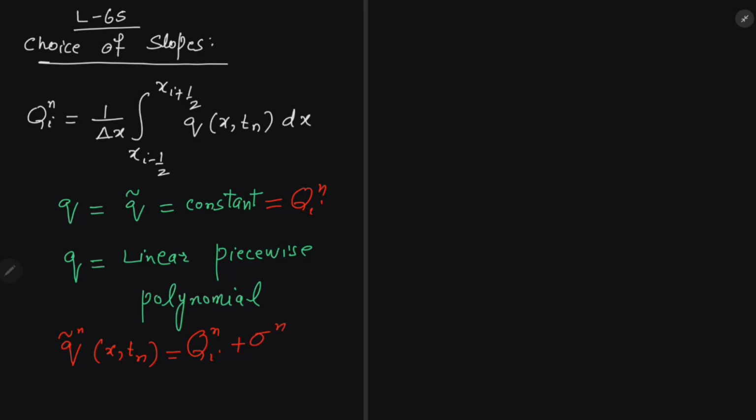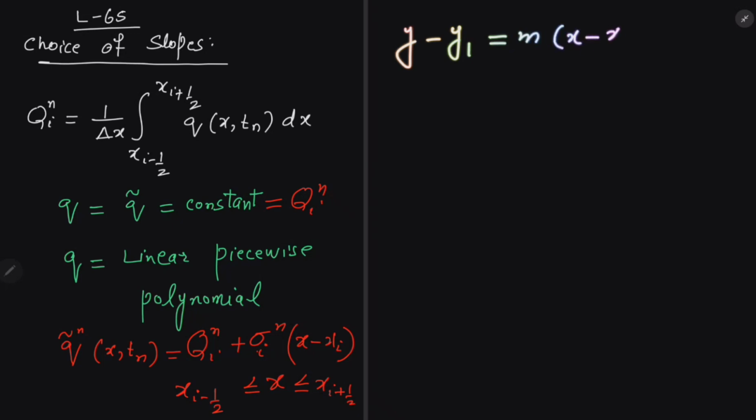But here, we add a slope, sigma. Sigma is a slope at cell number i, multiplied by x minus x_i, where x is from x_{i-1/2} to x_{i+1/2}. We know from calculus that the equation of a straight line is y minus y1 equals m times (x minus x1).